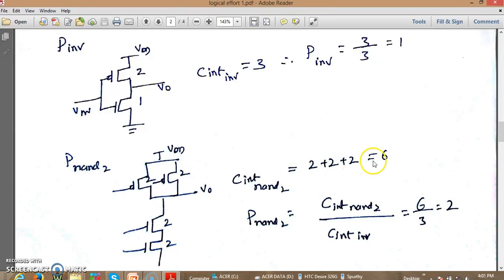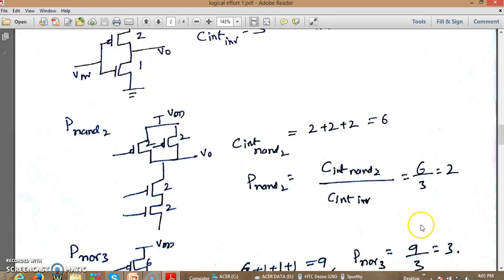So the parasitic delay of the NAND gate is C intrinsic of the NAND gate, which is 6, divided by C intrinsic of the inverter, which is 3. So the P of a 2 input NAND gate is 6 by 3.